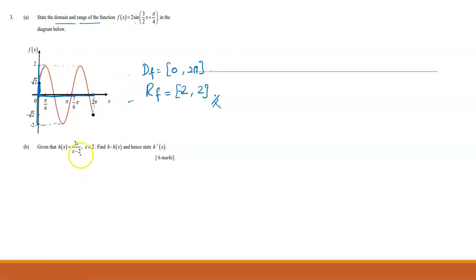Okay, now given that h(x) equals 2x divided by x minus 2, find h composite h of x. Firstly, h(x) equal to 2x divided by x minus 2. And composite function means that we're going to substitute the whole function into the x of the other function. So substitute this into the x of the function h.